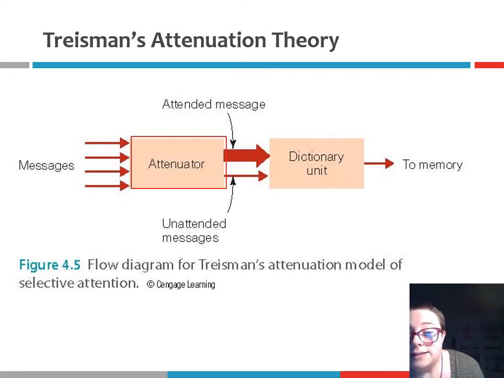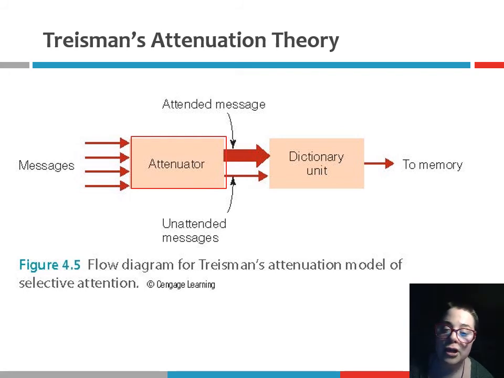The unattended message passes through at a much weaker, or much softer, strength. What weaker strength means is that it's going to be harder for our attentional system to notice that information. It's not as loud, it's not as flashy, it doesn't make a big fuss.